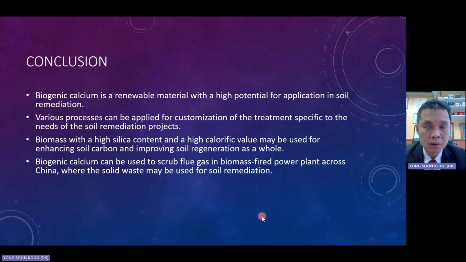Now, China imports a lot of palm kernel shell from Malaysia for this purpose. So why not consider using this biogenic calcium in their flue gas scrubber, in the fluidized bed reactor? At the end of the day, the entire bed can be used as a material for liming contaminated soil.